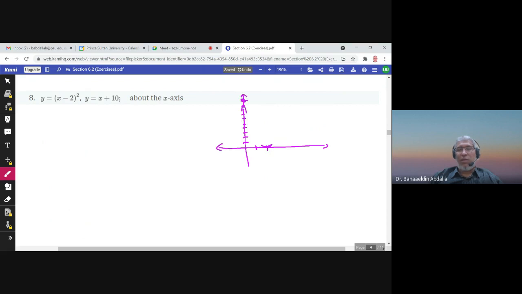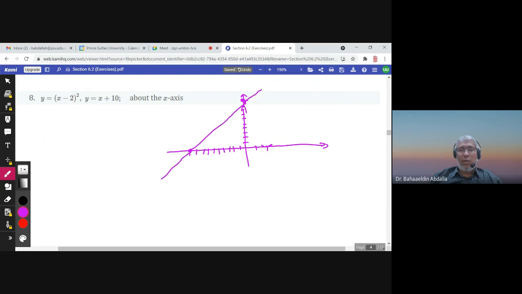And if y is 0, x is negative 10. So this is the line, y equals x plus 10. And the parabola will go up from here and up from here.